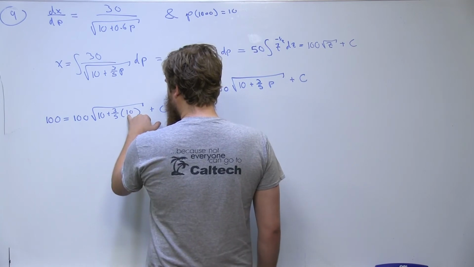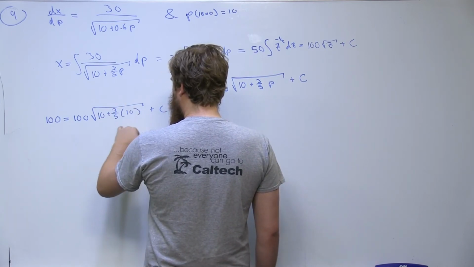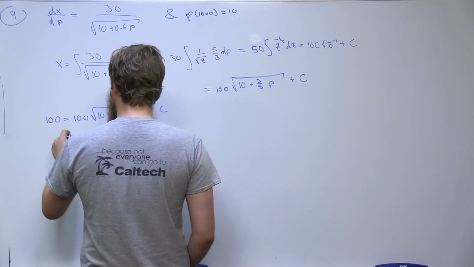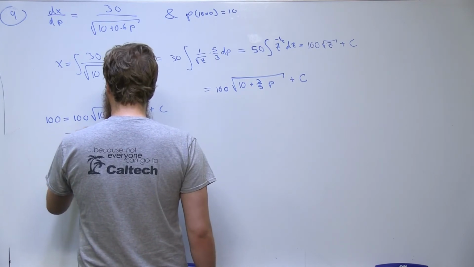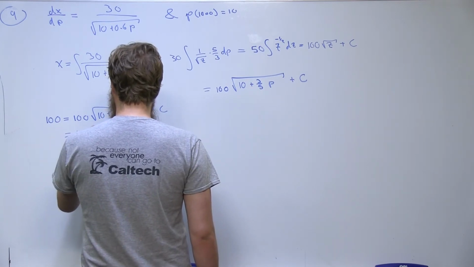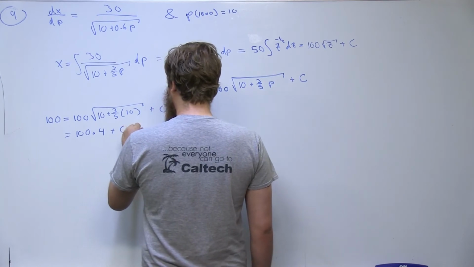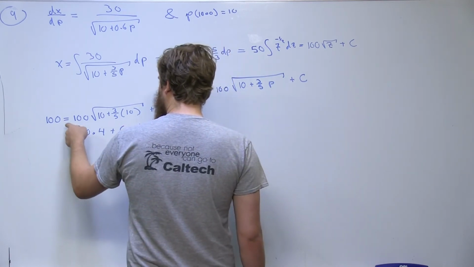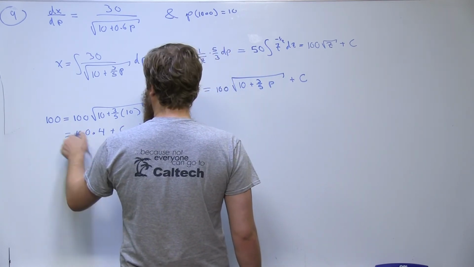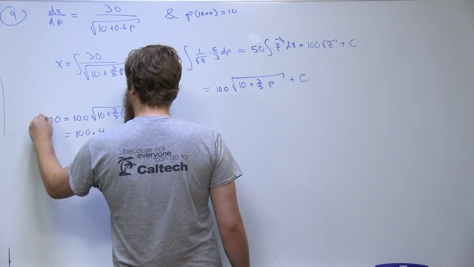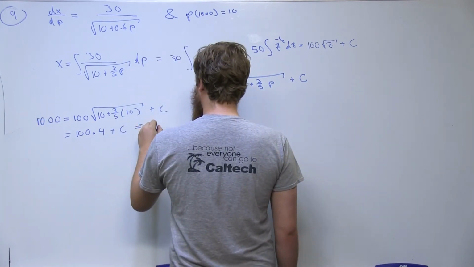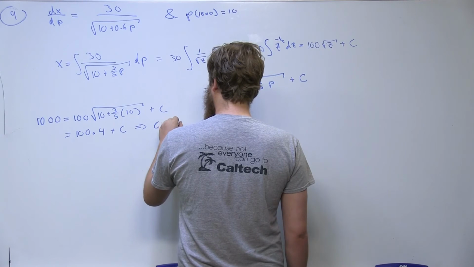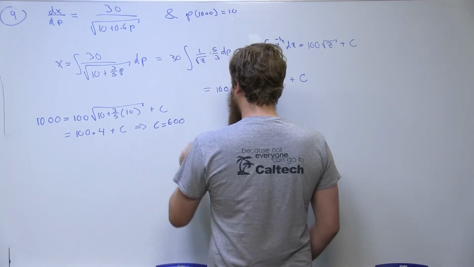Now, if you simplify under the square root, this becomes 6, so you get the square root of 16. So this is 100 times the square root of 16, which is 4, plus c. So c is 1,000 minus 400, so c is 600. Okay?